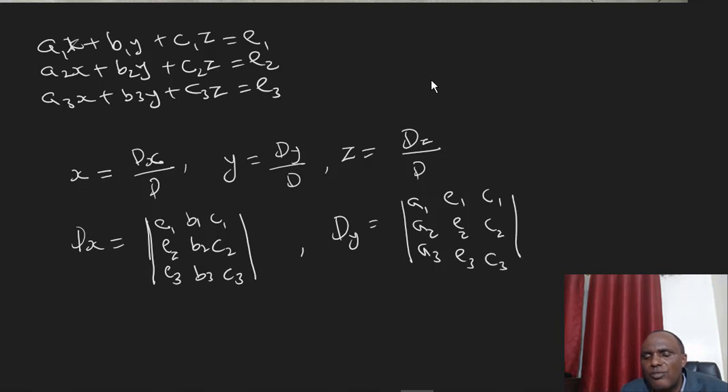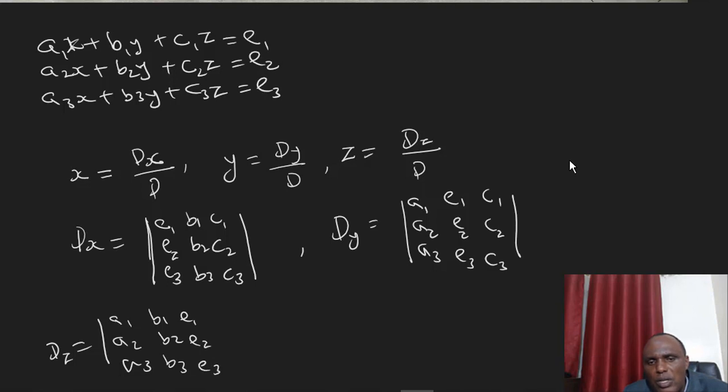The determinant of that matrix is the one we are calling dy. dz is equal to the determinant of this matrix, a1, a2, a3, b1, b2, b3, then e1, e2, e3.